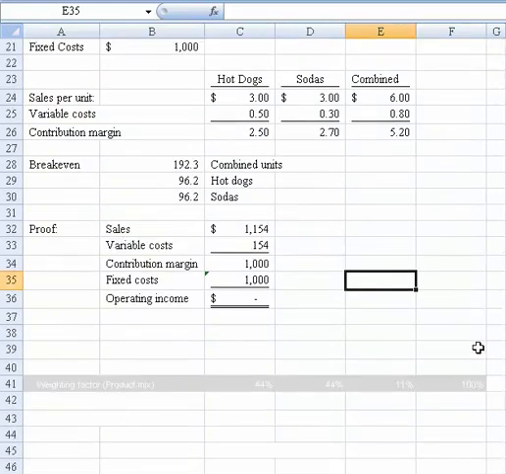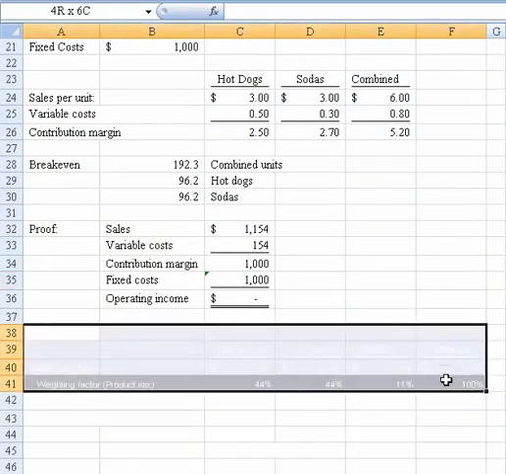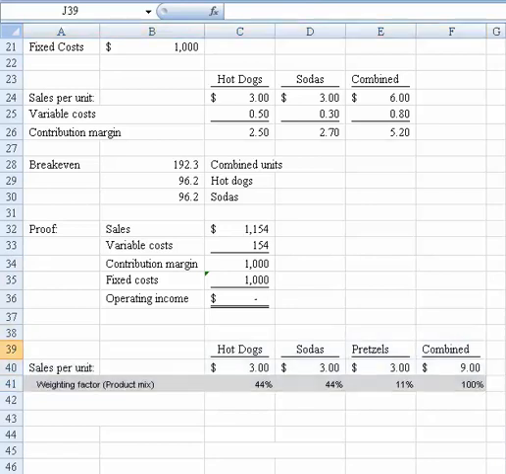I'll slide on down, and we'll add a few more pieces of information. So this time we have hot dogs, sodas, and pretzels. They sell for $3 each, for a combined $9, but we need to consider a weighting factor, or the product mix of each product. What I've done here is I've said we sell one hot dog to a mix of 1 plus 1 plus 0.25.